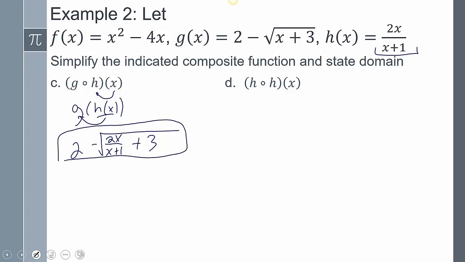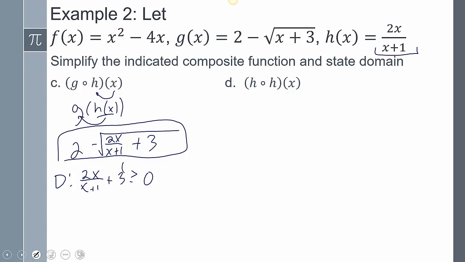And so now we get to do the fun part of finding our domain. First, we have to say 2x over x plus 1 plus 3 has to be greater than or equal to 0. Now that this is a rational inequality, we have to try and combine these together.